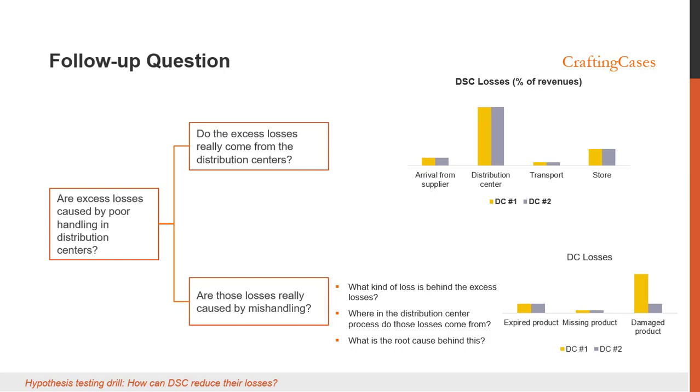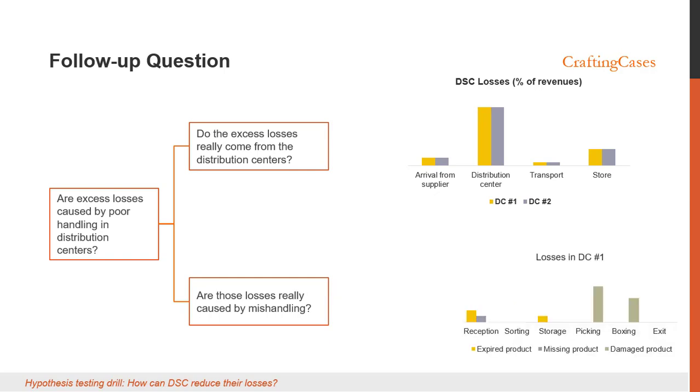And to find out where in the distribution center process these losses come from, I would do pretty much the same as I did in the first test: draw out the process, but find the losses by type of loss in each step of the process. So what are the expired, missing, and damaged product losses in reception, in sorting, in storage, in picking, in boxing, and in exit.